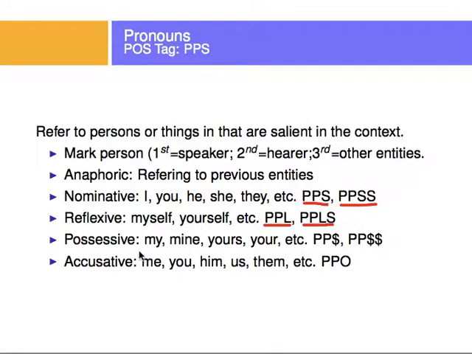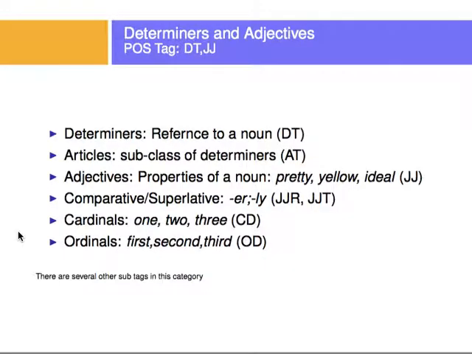You probably got that now. If the pronoun is possessive, my, mine, yours, your, etc., I'm going to tag them with a $ sign. And this will be for plural. It can be $s as well. If the pronoun is accusative, so me, you, him, us, them, etc., I'm going to call them PPO. That's the tag. And so on and so forth.